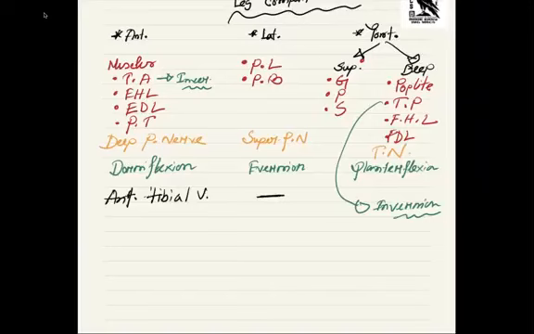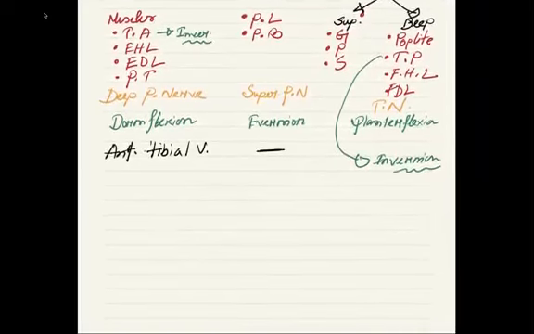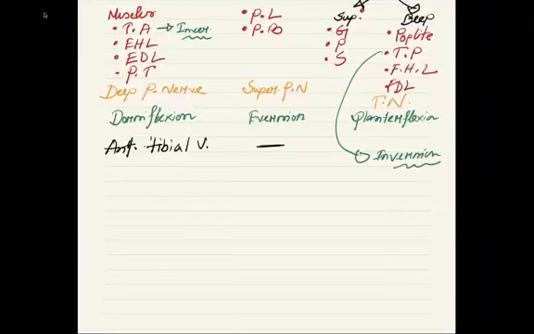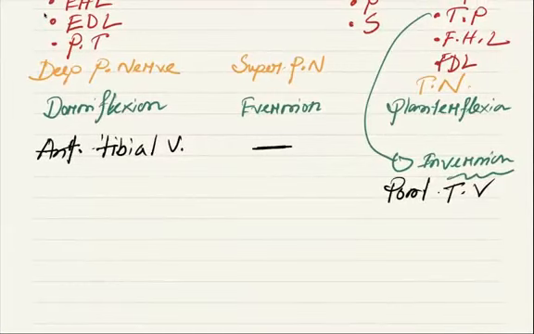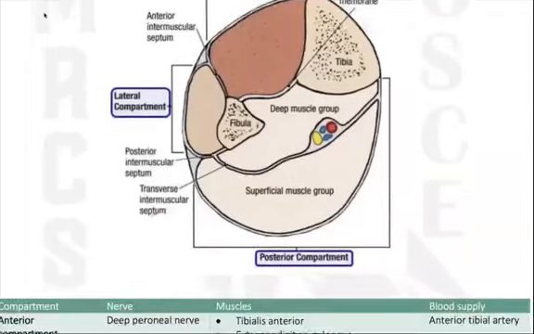In the lateral compartment, there is nothing. And on the posterior aspect, you can say there are the posterior tibial vessels. Clear for everyone? Yes, sir. Fantastic.